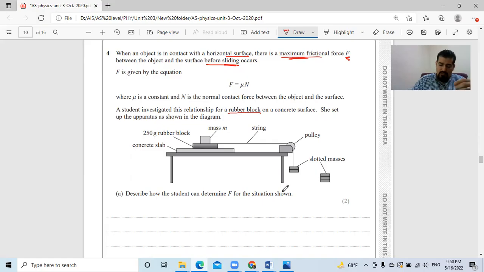Also I can change the mass above the rubber block to find the value of the force. I can measure the weight of the masses, or calculate it directly as mass times gravitational acceleration to know the normal reaction, since vertically there is no resultant force, but horizontally it may start to move at a certain point.